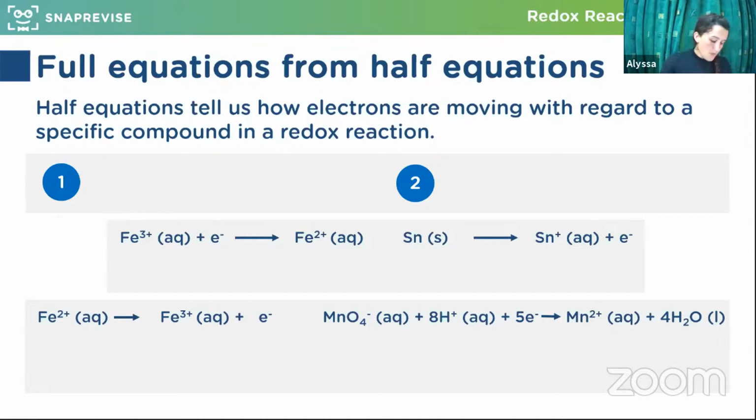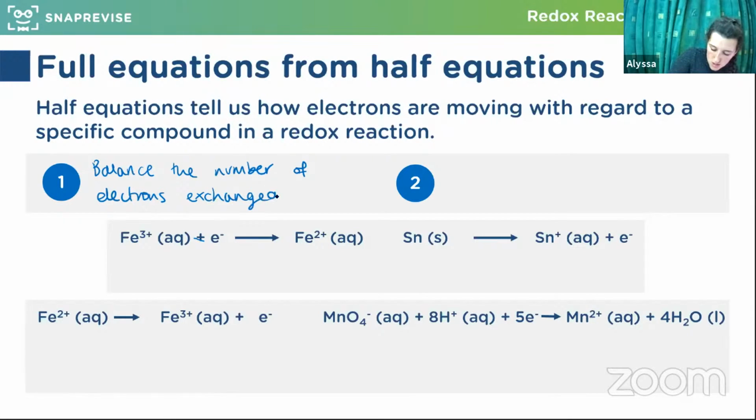So first things first, we need to balance the number of electrons that are being exchanged. Good, yeah, fabulous. We have to keep the electron count equal.